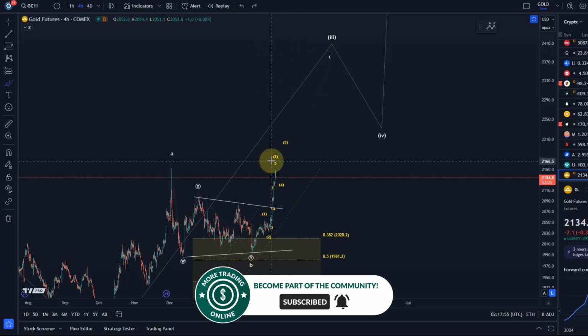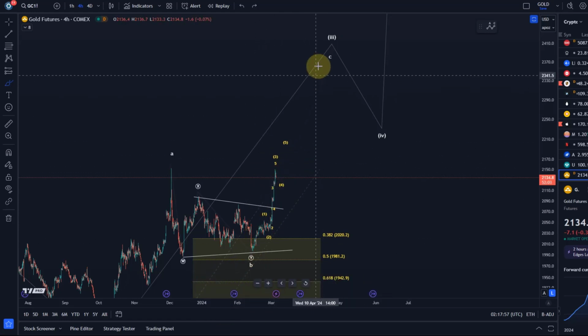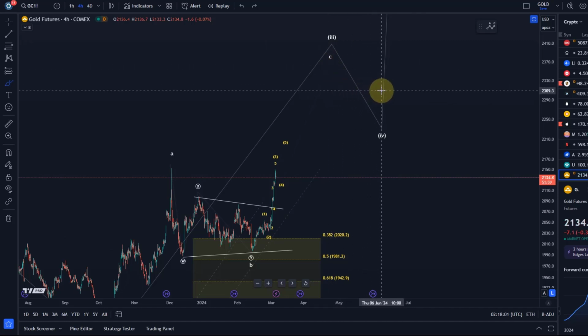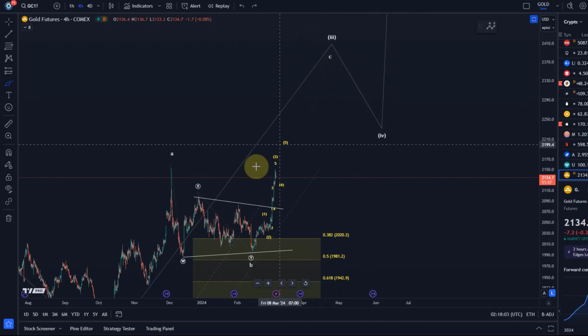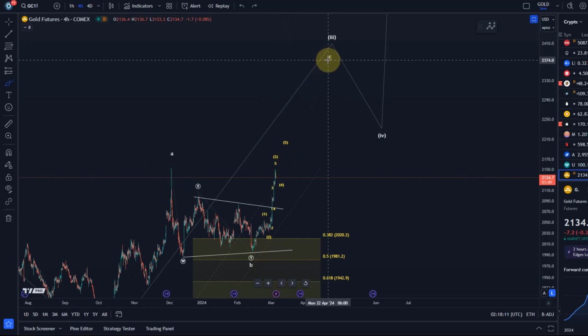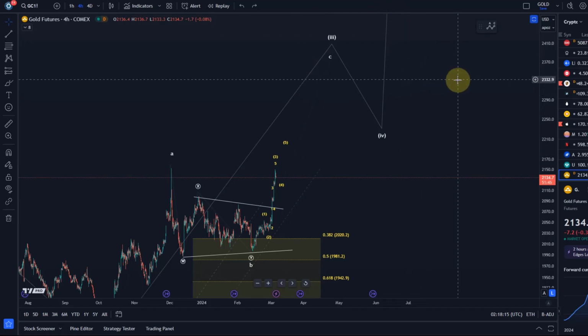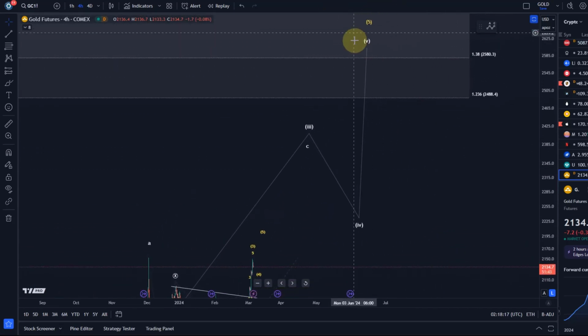This looks like a 5-wave move, but that makes sense because the move up is likely a C wave, and that's a 5-wave move. This here is, however, too short for all of wave C, so we're likely dealing with wave 1 of wave C. So obviously it's a bullish structure. We're looking at possibly 2,500 plus here for the 5th wave.